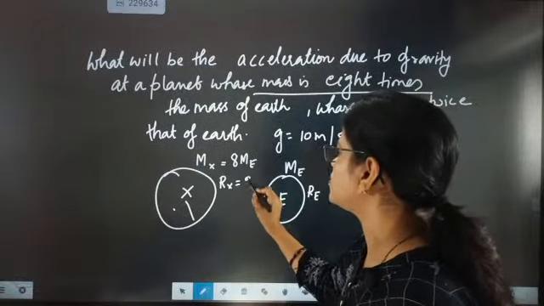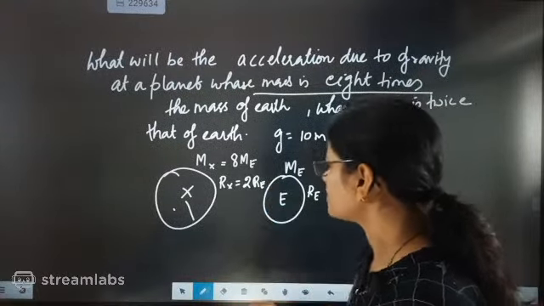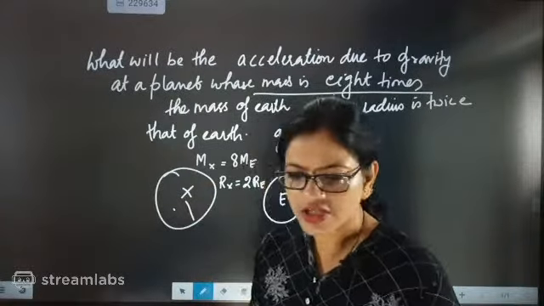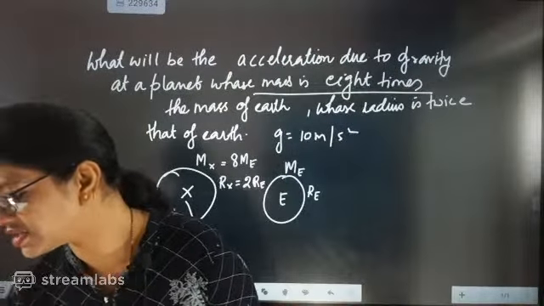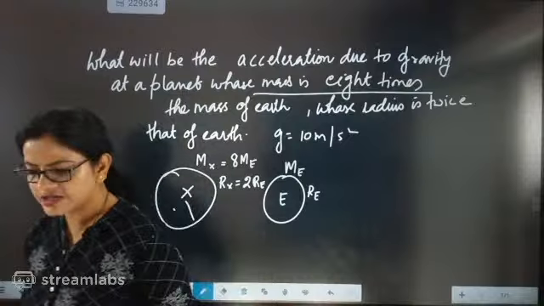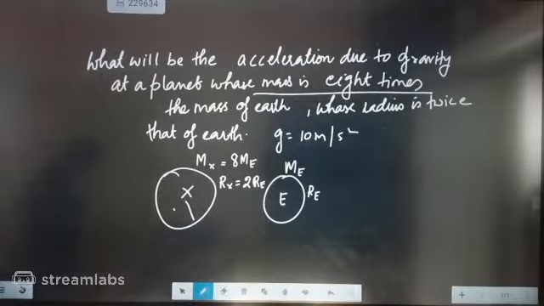So the radius of this planet is twice that of Earth. Mass is given that much, radius is given that much.